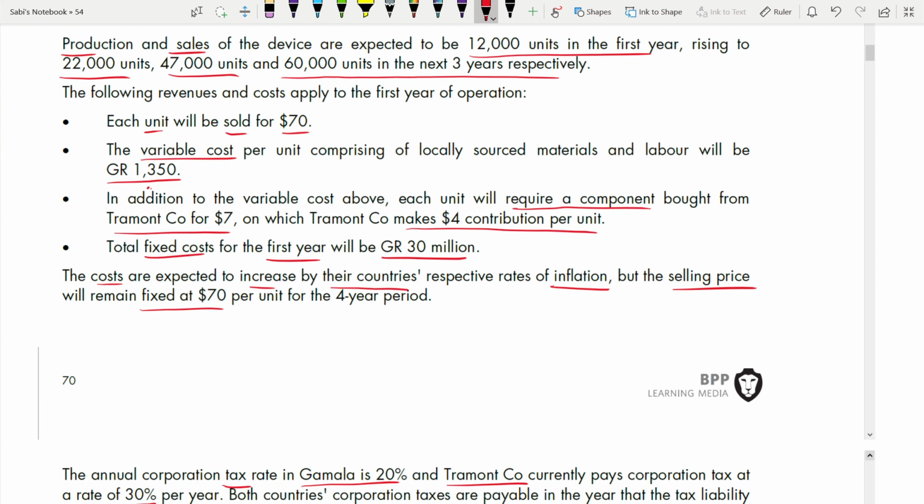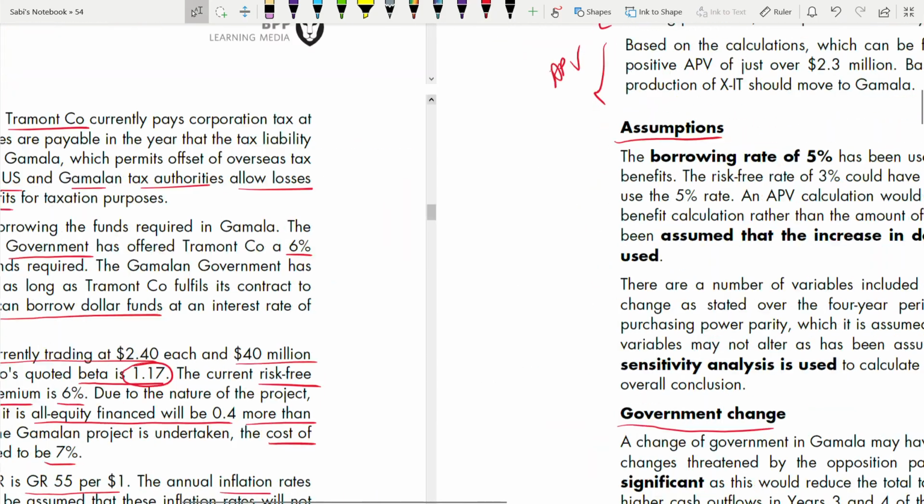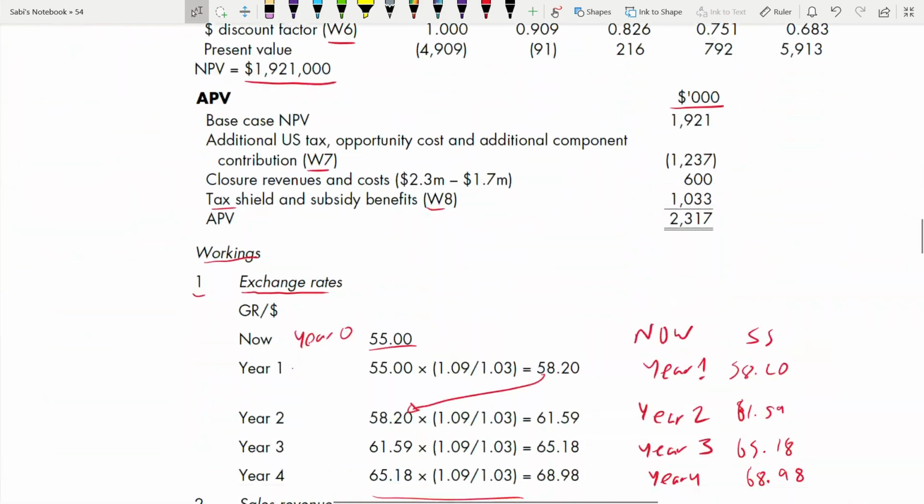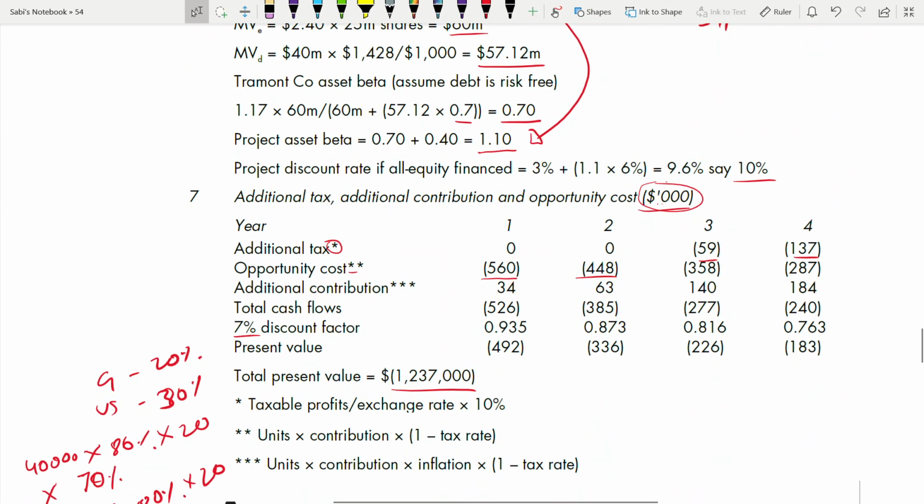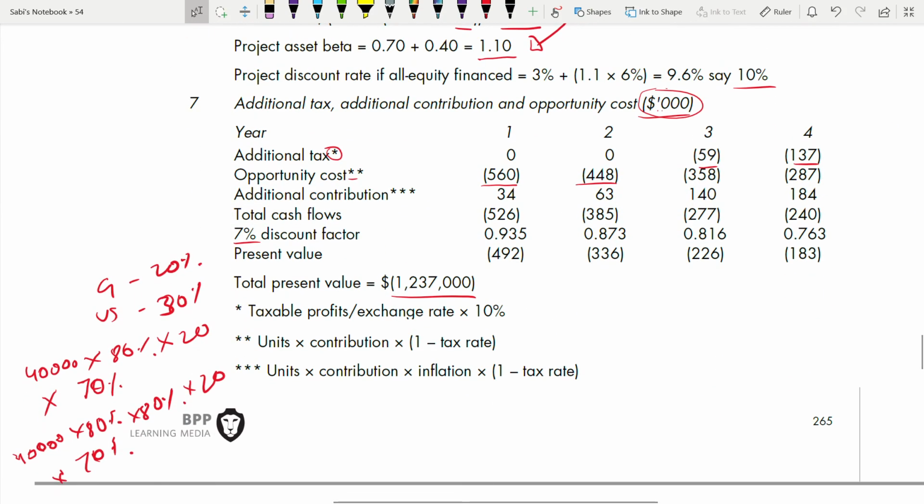So we are going to take this 4 contribution per unit, right? So for the first year, it will be 4 multiplied by 40 into the inflation, which is 3% in US, into 1 minus tax rate, which will be tax rate 70, so 30.